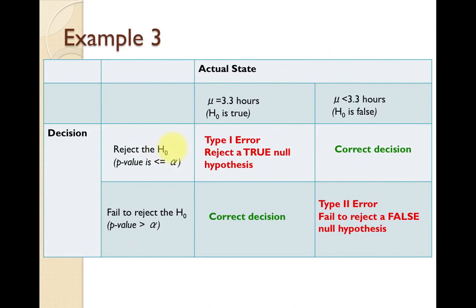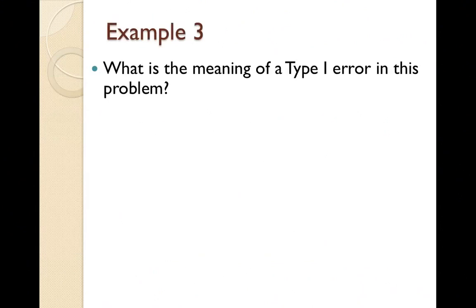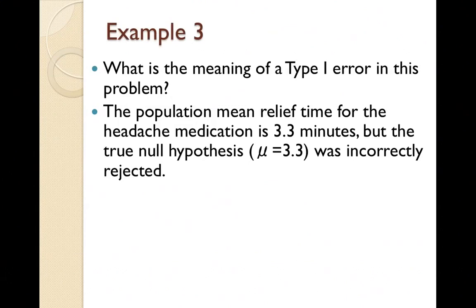We rejected that the mean was 3.3 hours. So the population mean relief time for the headache medication is really 3.3. The true null hypothesis, mu equals 3.3, was incorrectly rejected. So we rejected that 3.3, but we shouldn't have rejected it. That's a type 1 error.